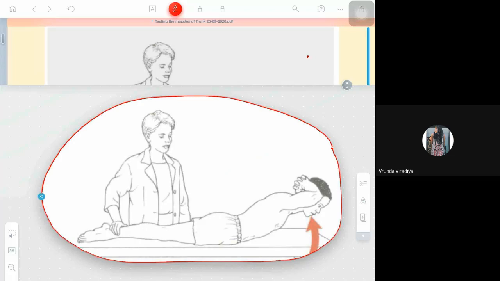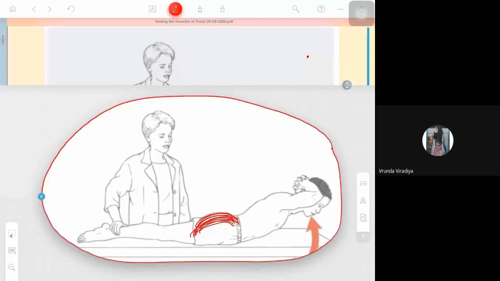Why? Because you know this is gluteus maximus. The gluteus maximus will contract in this direction and the pelvis will be tilted.